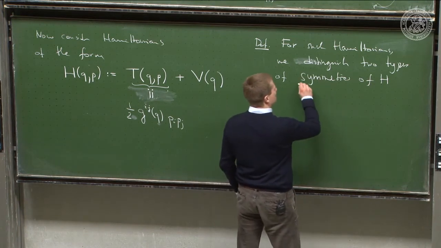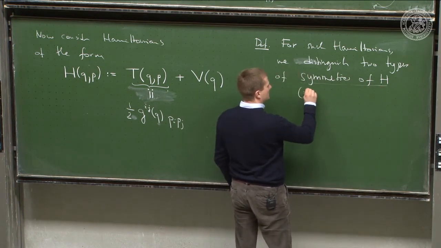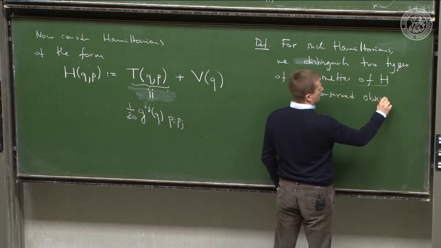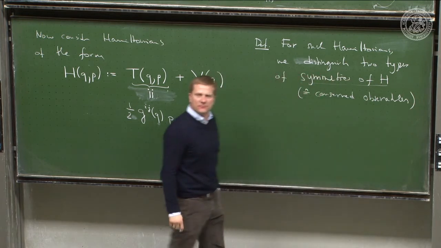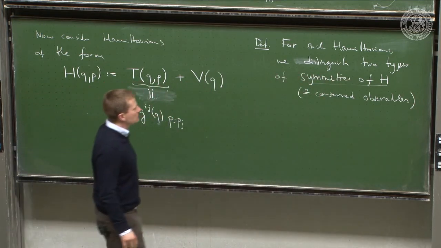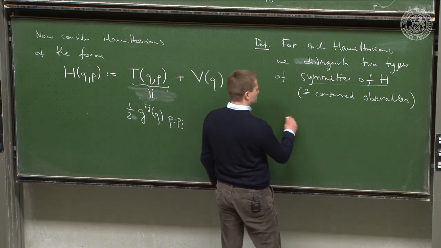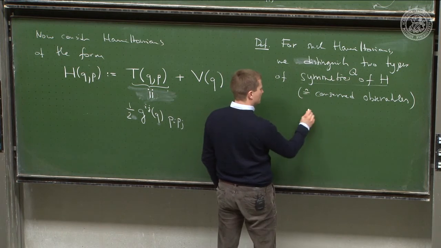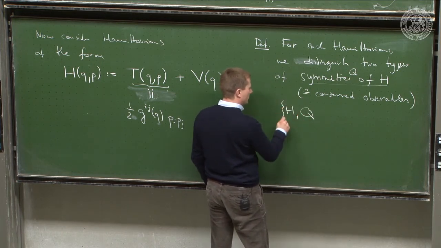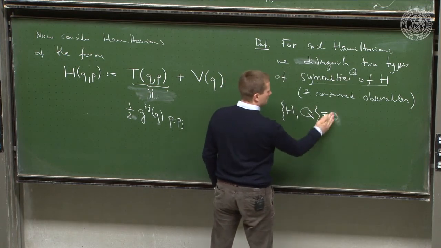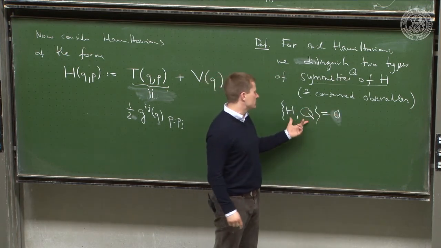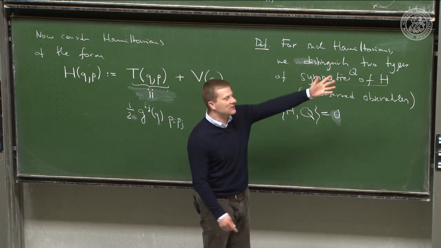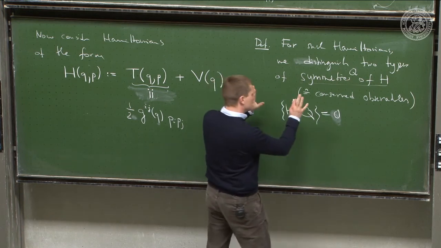So the symmetries of H are the same as the conserved quantities, conserved observables, by Noether's theorem. We distinguish two types of symmetries Q of H. Because it's a symmetry anyway, {H, Q} is 0. This notation is more like Q is a conserved quantity. If I write it the other way around, it's more like H has the symmetry Q, but we know it's the same thing.